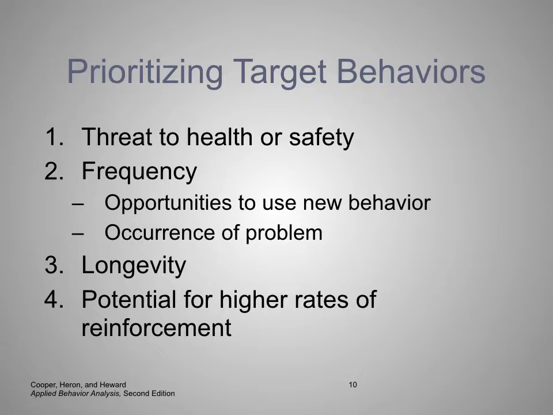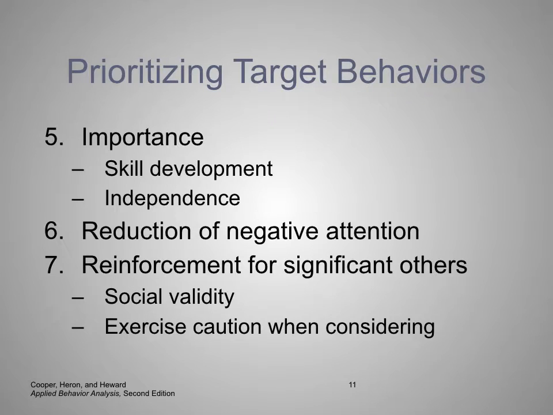Number 4, will changing this behavior produce higher rates of reinforcement for the person? Number 5, what will be the relative importance of this target behavior to future skill development and independent functioning? Number 6, will changing this behavior reduce negative or unwanted attention from others?